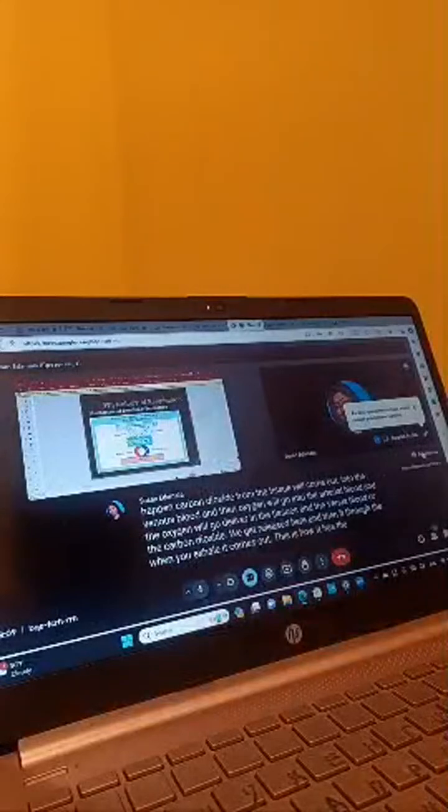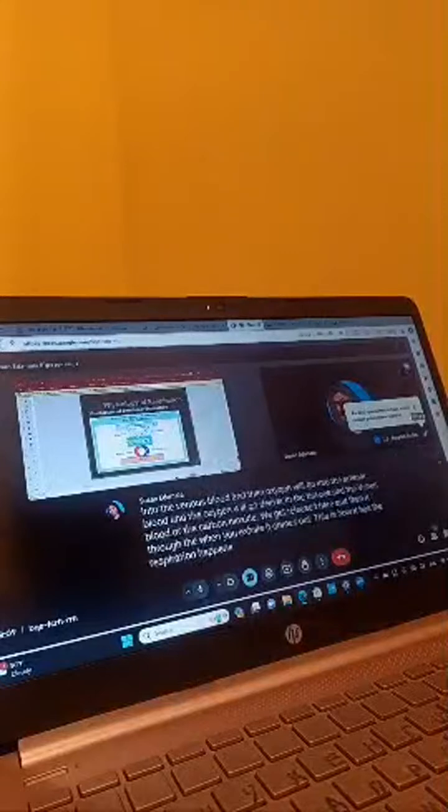This is how respiration happens. What tells the body to breathe? What controls it? It's controlled by the centers in the brain.